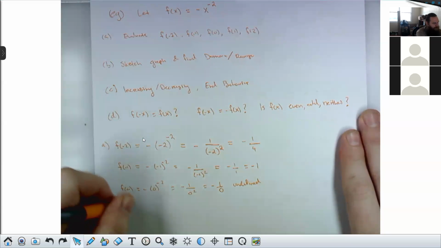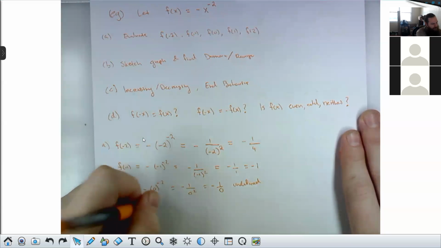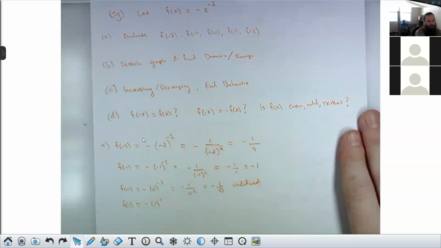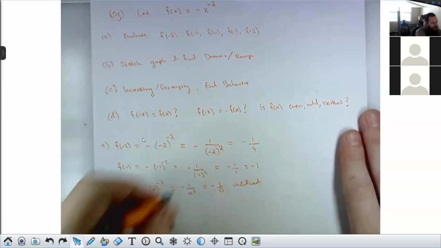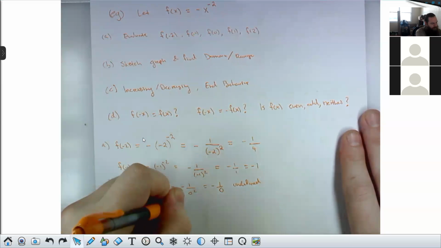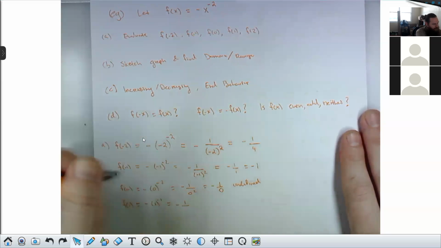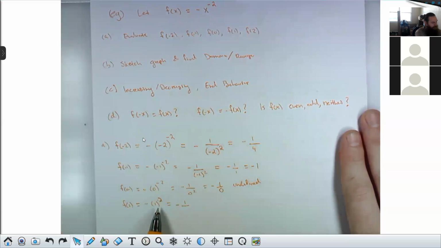F of 1 is 1 to the -1, like this. Again, the parentheses are going to be important here. That's the negative of 1 over, oh, sorry, this is a square, isn't it? I'm so sorry. Yeah, the power is -2.